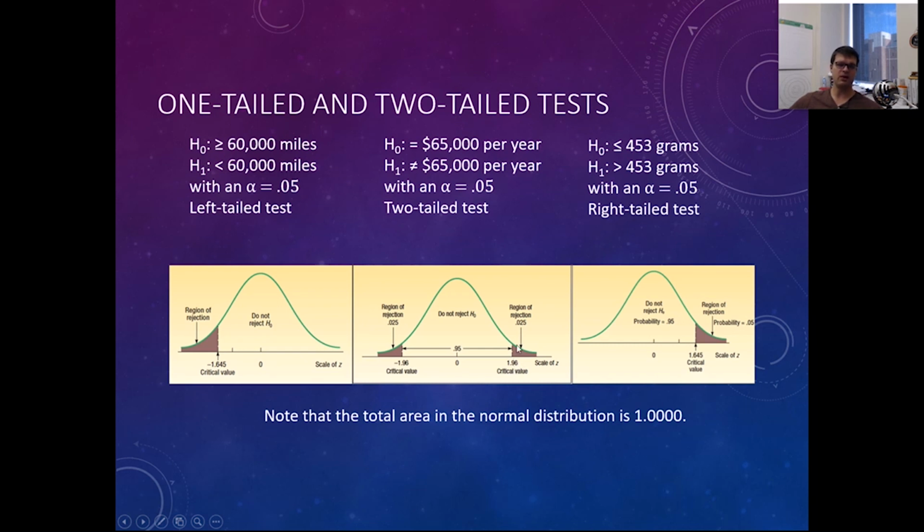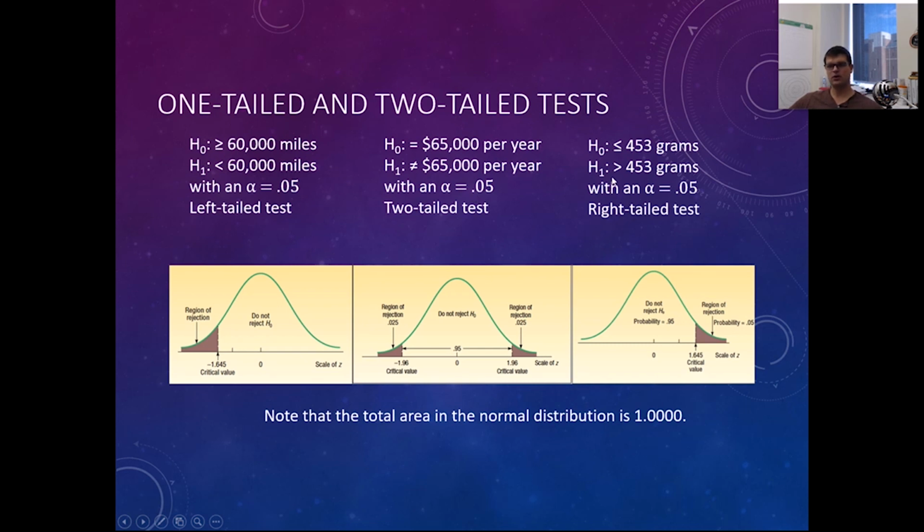The probability of being above 1.96 is 0.025, or 2.5%, and the probability of being below negative 1.96 is 0.025, or 2.5%. And if you add 0.025 plus 0.025, that gives you your alpha of 0.05.